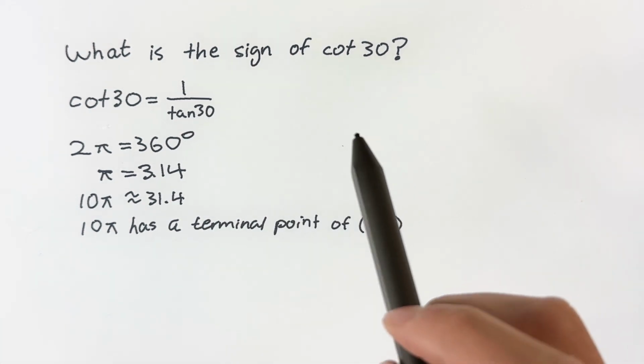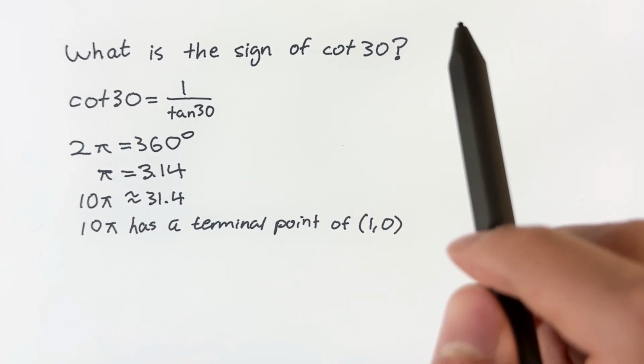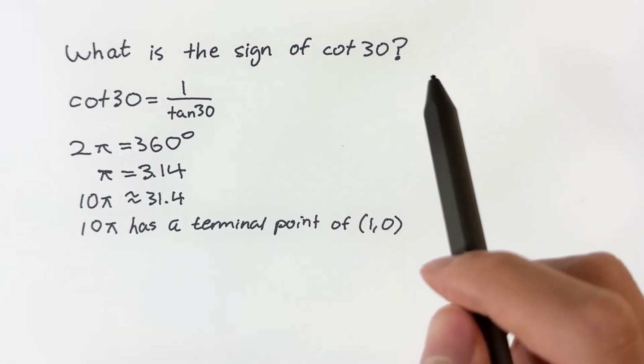The terminal point is basically the coordinates of the value on a unit circle.